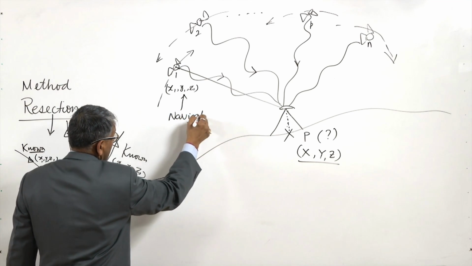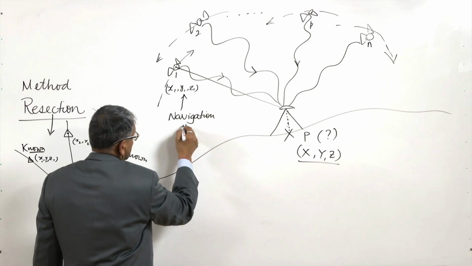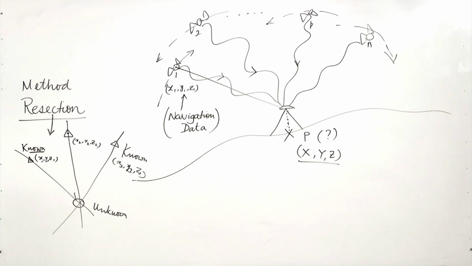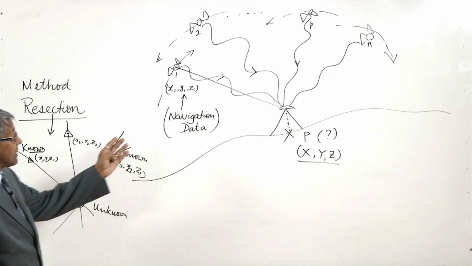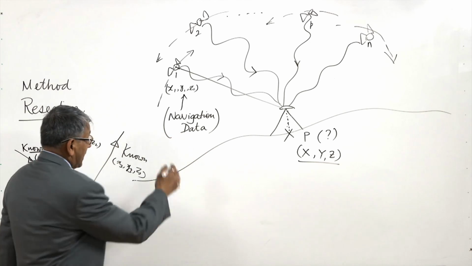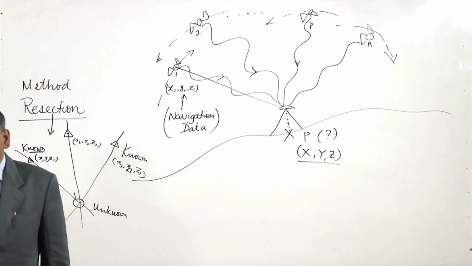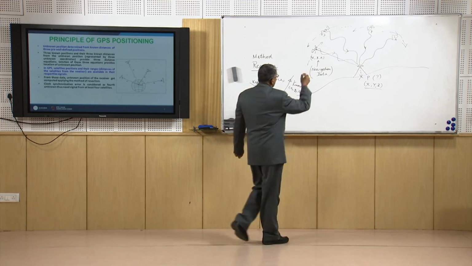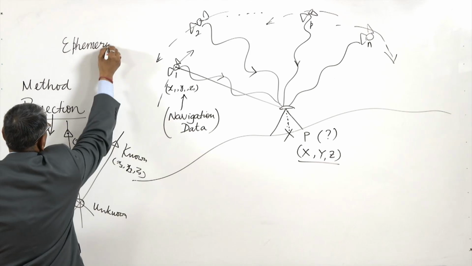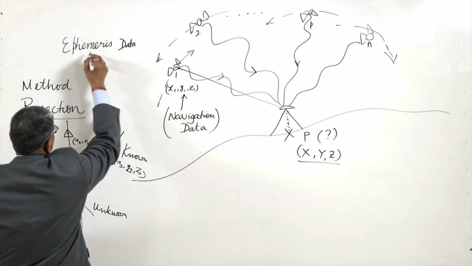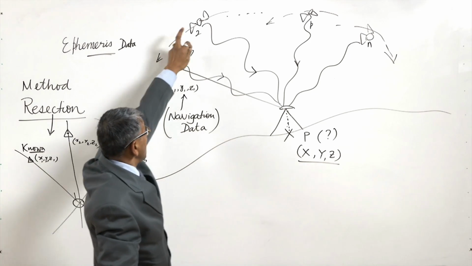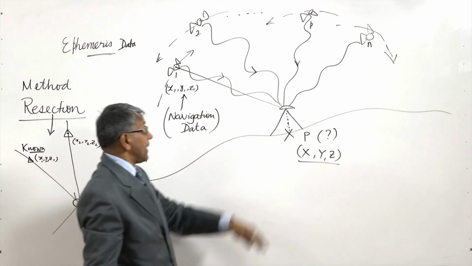We learned in a previous class that from satellites we get the GPS observation, and in that GPS observation we have the navigation data, the nav data or CNAV, LNAV. In that data we have the ephemeris information, the ephemeris data inside the GPS nav data, and this ephemeris data provides us the location of the satellite at an instant of time.